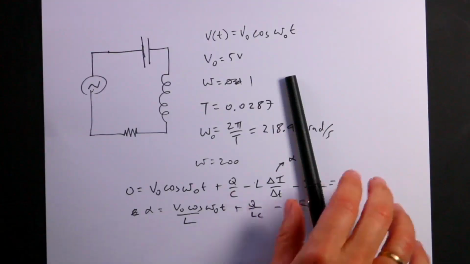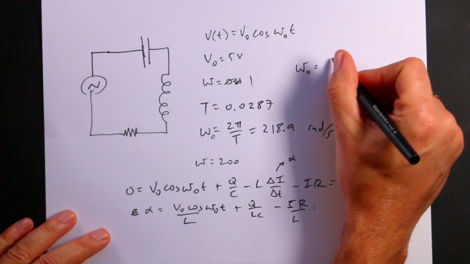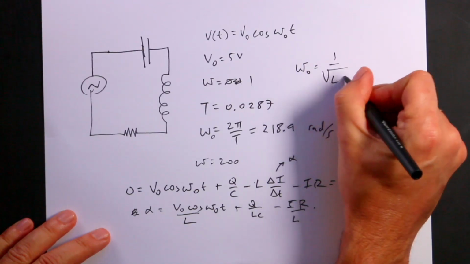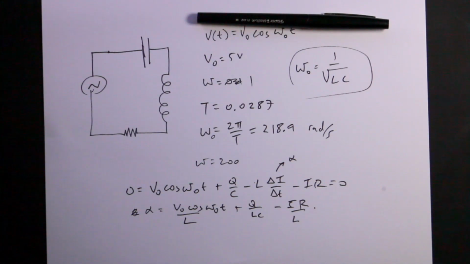I'm not going to derive it, but let me just show you. The resonance frequency omega 0, with the resistance equal to 0, is 1 over the square root of L times C. So let's print that out and see what I get, because we measured it experimentally, remember?